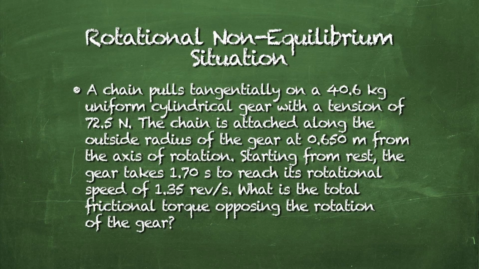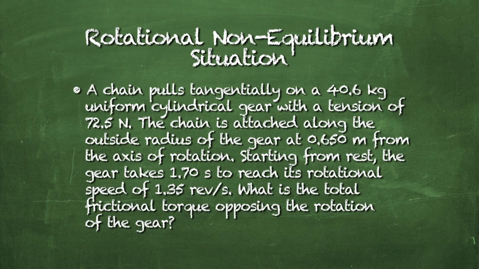Starting from rest, the gear takes 1.70 seconds to reach its rotational speed of 1.35 revolutions per second. What is the total frictional torque opposing the rotation of the gear?